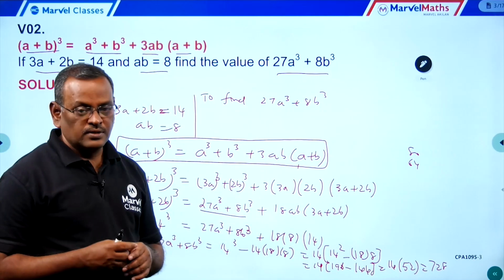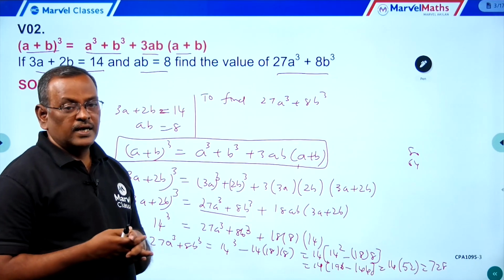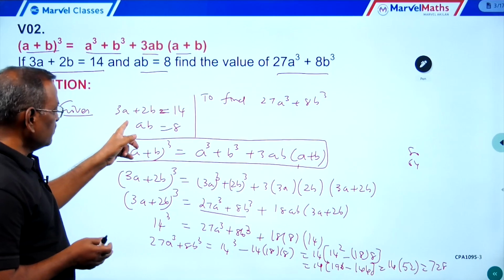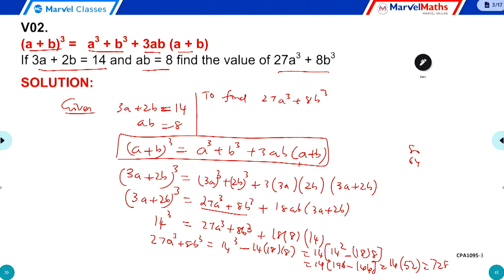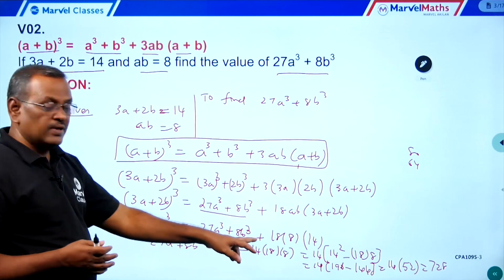I never use rough calculation because this method of evaluating the arithmetic expression is very simple. Again I will explain. Write the given data, write what is required to find, write the suitable identity, then substitute in this identity and reduce to standard form. After reducing to standard form, substitute the given data.